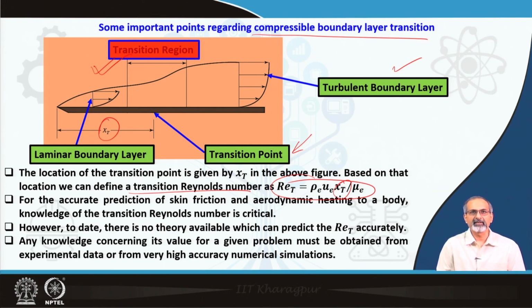Unfortunately, we do not have any theory which can predict the transition Reynolds number very accurately, and any knowledge concerning its value for a given problem must be obtained from experimental data or very high accuracy numerical simulations, and therefore it remains a very complicated problem.